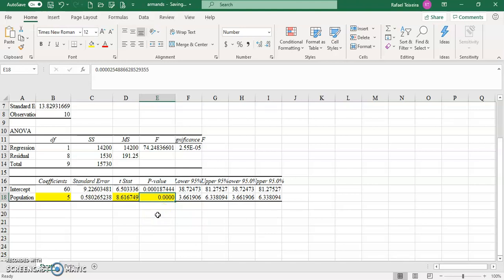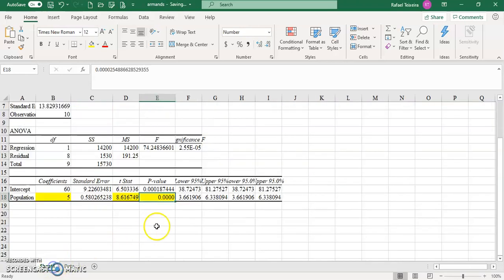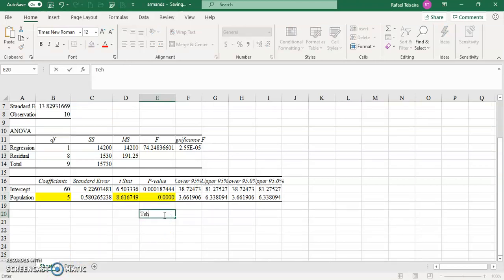Well, our threshold value to reject or fail to reject the null hypothesis is the alpha level, also known as the level of significance.